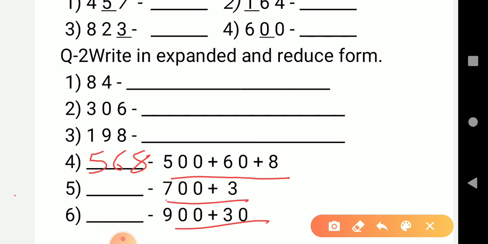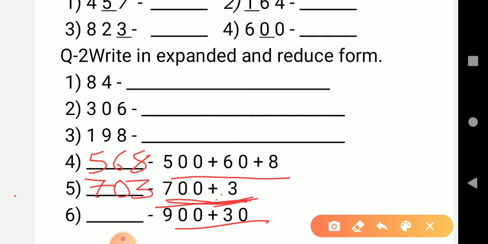Okay, then after that 700. Look at the number carefully, the fifth number. Here 7 is on the hundreds place. In the next, the tens place is not given. See, only the ones place is given. So you write 0 for the tens place and then last the ones place. Okay.